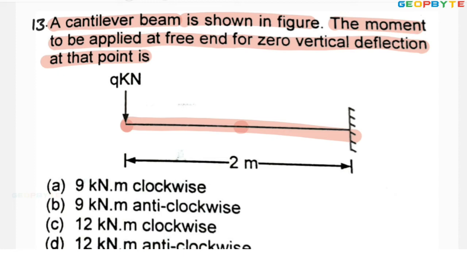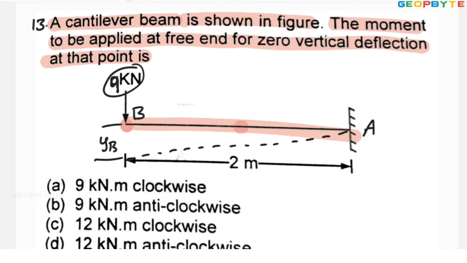You know, because of this loading, because of this 9 kilonewtons load, the beam is going to deflect like this. The deflection at the free end I can mark as YB.